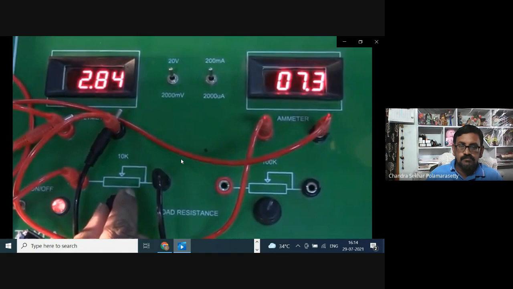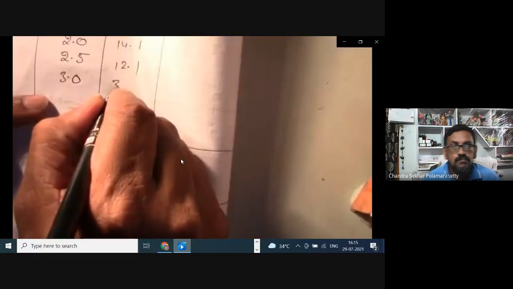So for 0.5 volts, note down the current. For 0.5 volts, what is the current? Same current, 14.2 milliamperes. Yes, you can see here.